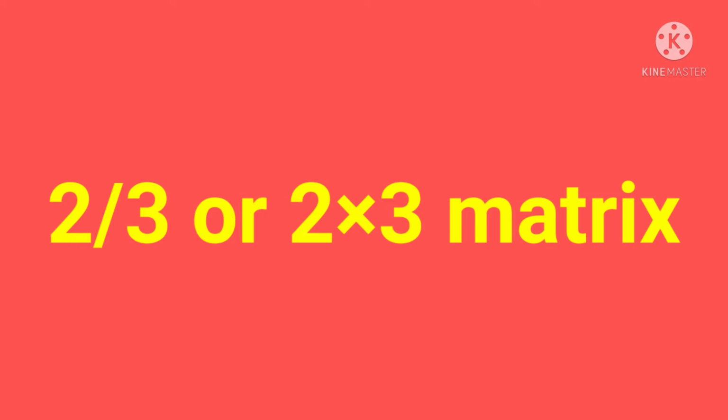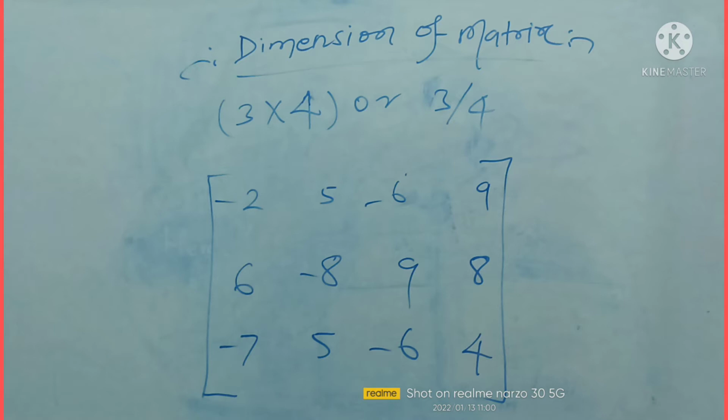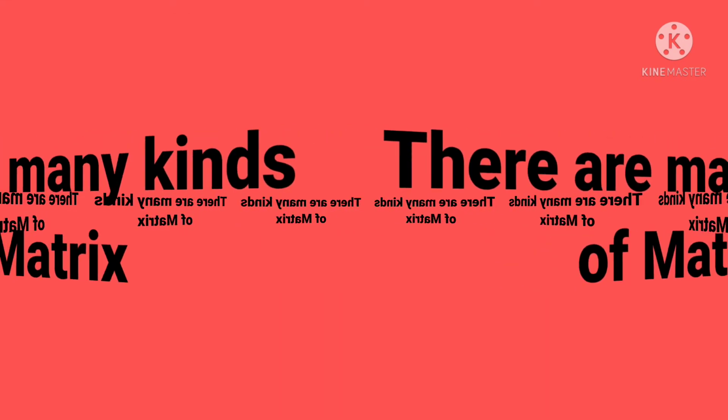This is the dimension of this matrix. As an example, if anyone asks you to draw a matrix of dimension 3 by 4, you have to put 3 numbers in the rows and 4 numbers in the columns.